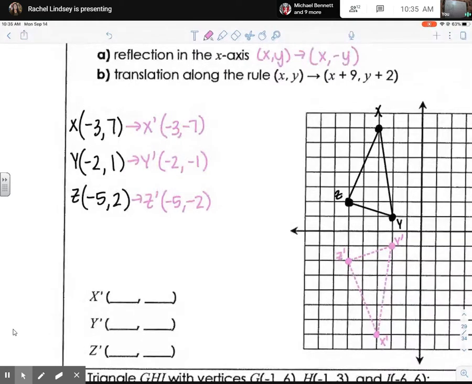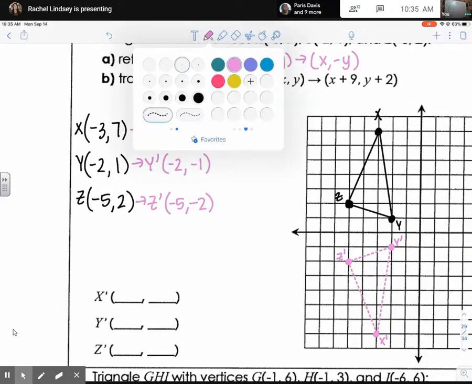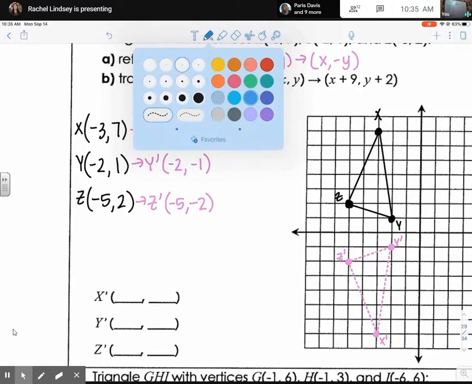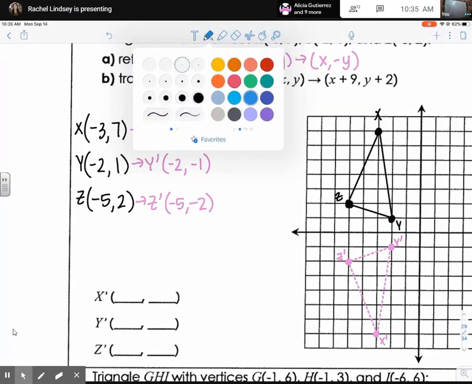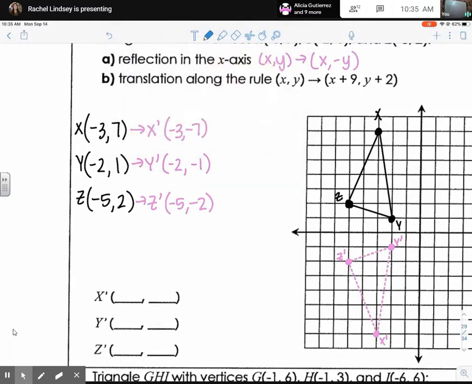That's my first one. Then you have to go back and do the second, which will give you your final shape. And since we are doing two transformations, I am going to have double primes, so that if you do graph the second shape, I know which one is the middle and which one's your final image.